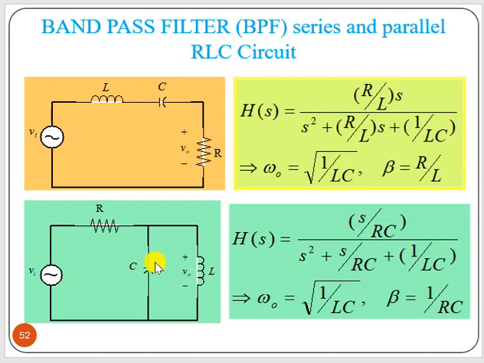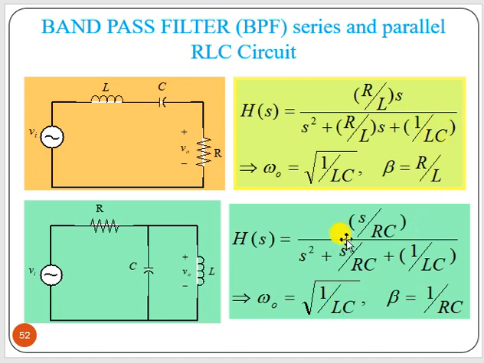So from comparing these two circuits, we can see that the expression is R by L times S in one case, and S into 1 by RC in the other. The beta value is R by L here, and 1 by RC here. Omega 0 is nothing but root over 1 by LC.